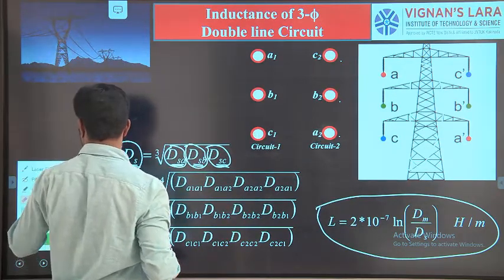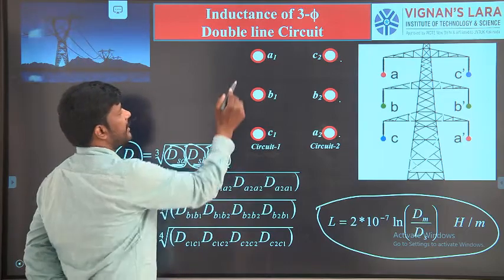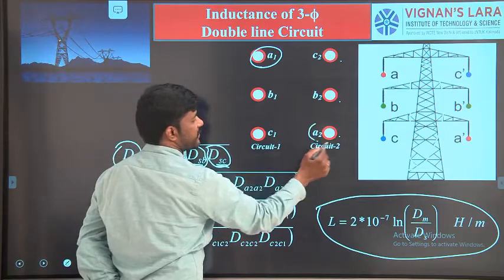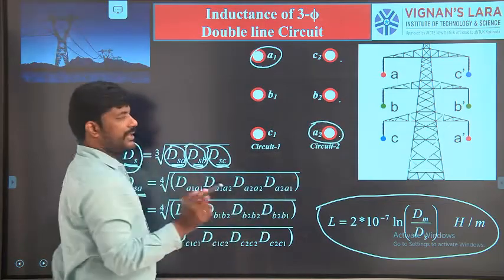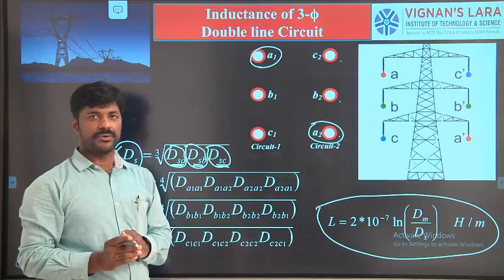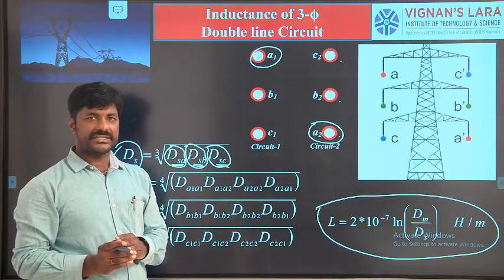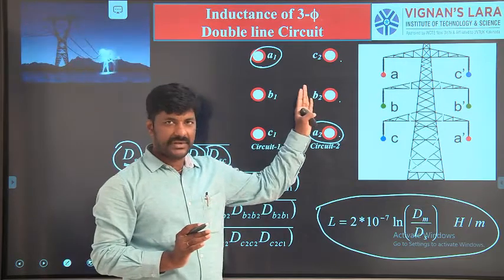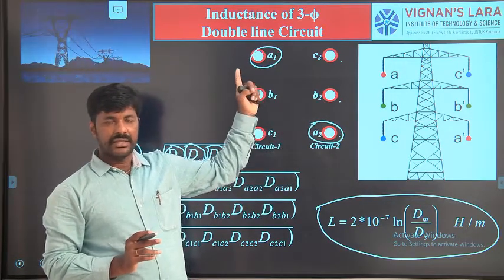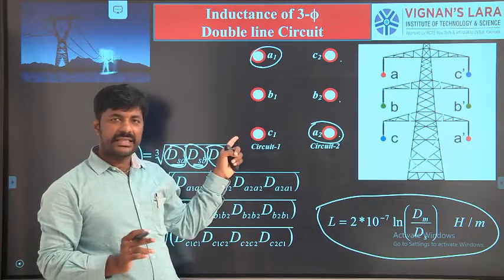This is phase A of circuit 1. This is phase A of circuit 2. Then what are the possible distances? I tell you 4 distances are possible. What are those 4 distances? Leave circuit 2 for some time and talk about circuit 1. If circuit 1 alone is there, then what is the self-GMD?